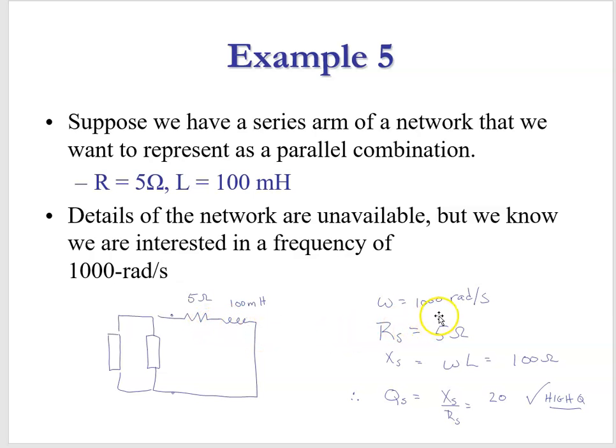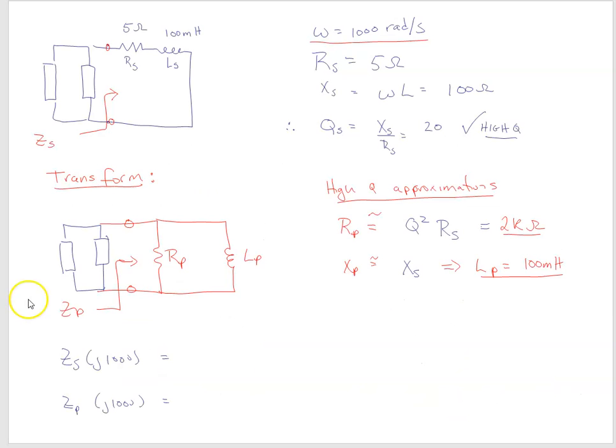So at our frequency, our reactance is omega times L, so it's going to be 100 ohms, and our quality factor in series, XS over RS, is going to be equal to 20. So that definitely qualifies as high Q, so we should be able to use our high Q approximations.